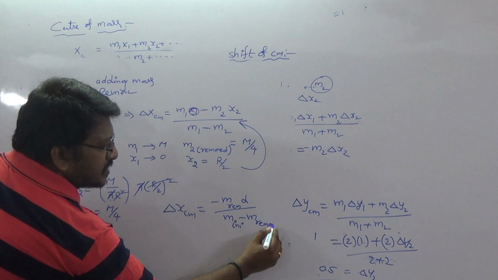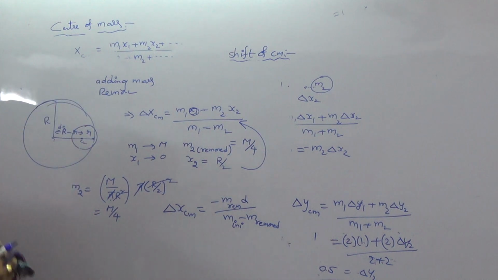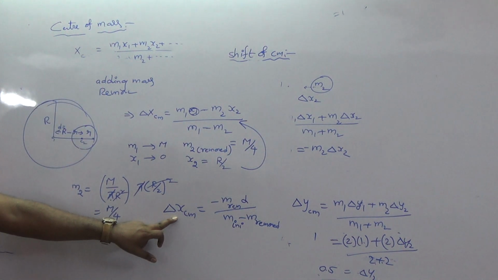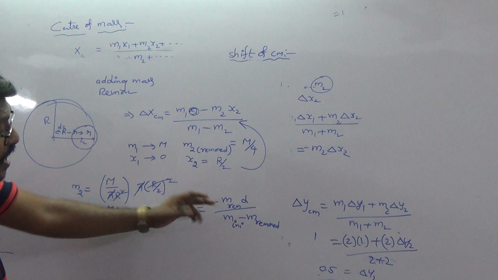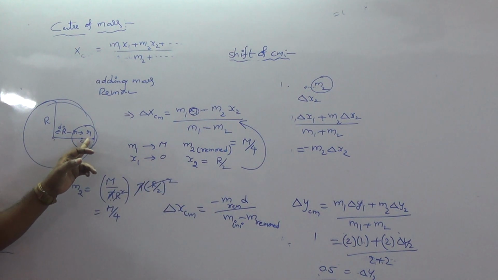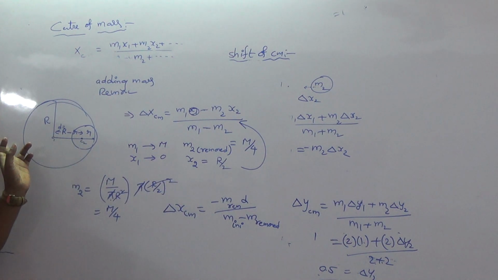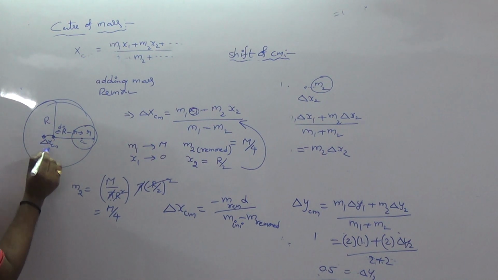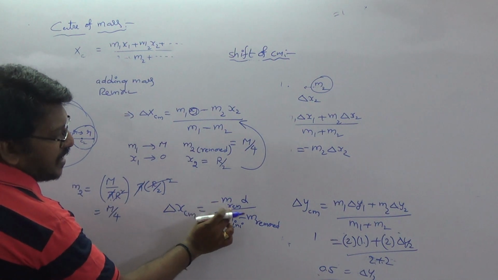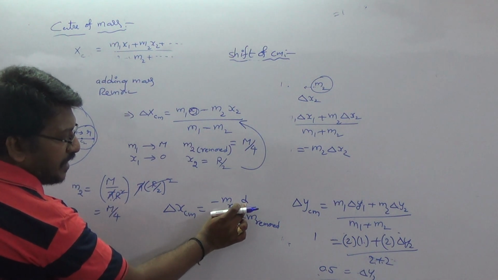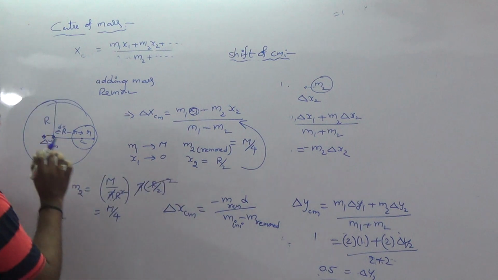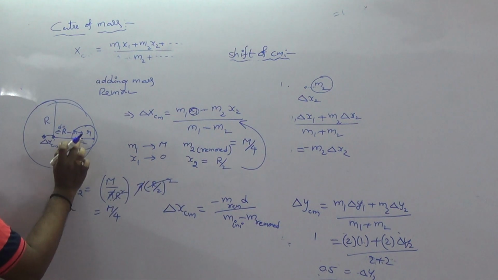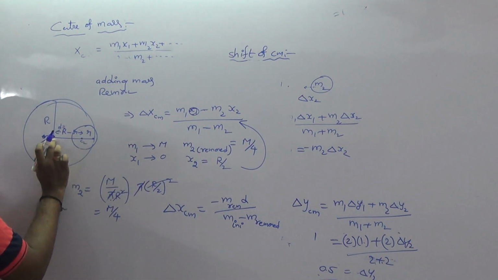So you can write that when mass is removed, the shift in center of mass is given by minus, which means opposite direction. When the disc is removed from this side, the center of mass shifts in the opposite direction, from here to here. That is given by delta xm equal to minus removed mass into d. D means the distance between the center of mass of the initial body and the center of mass of the removed body, from here to here.